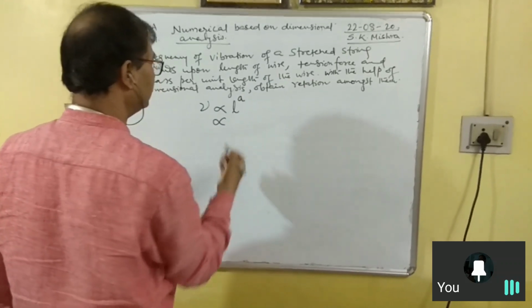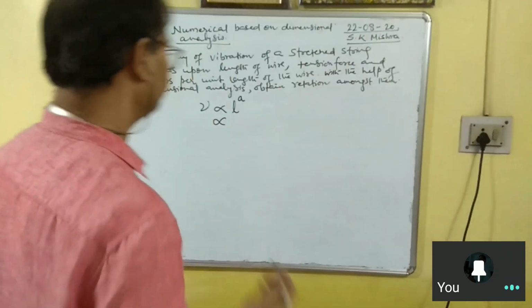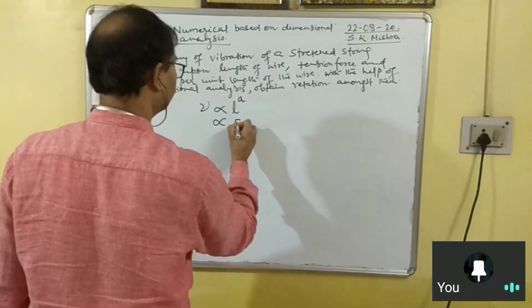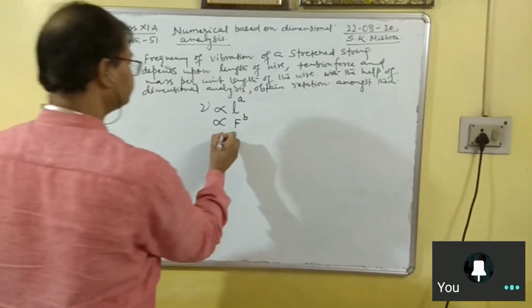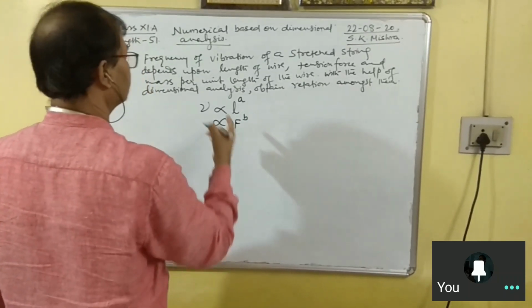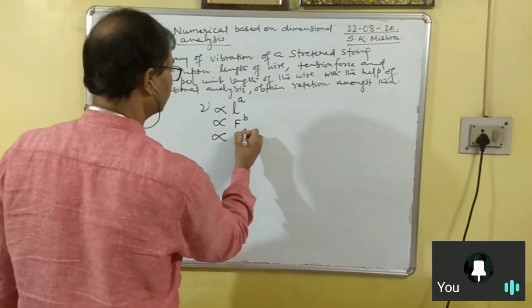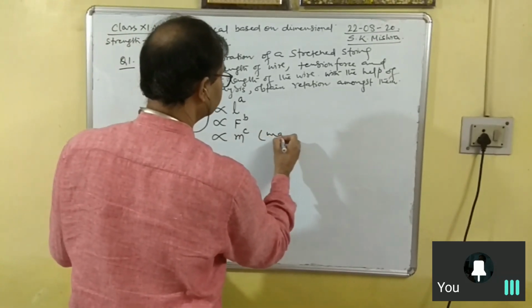You can use the tension force symbol as T or F, whatever you like. I am using F, writing F raised to B. And then it varies with mass per unit length, small m raised to C, where m stands for mass per unit length.